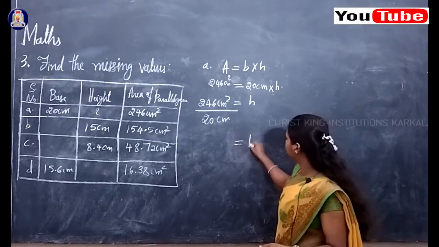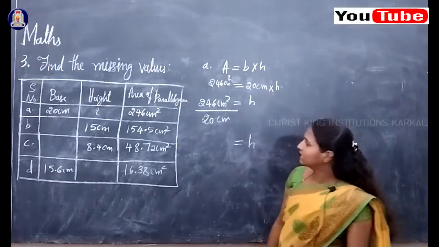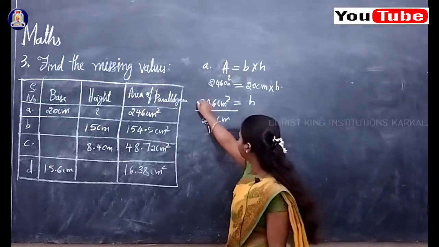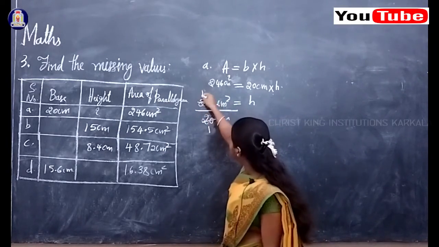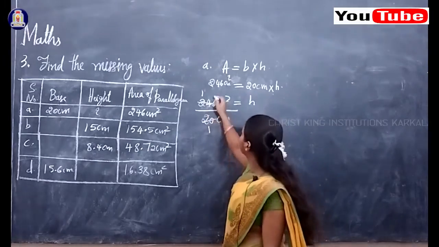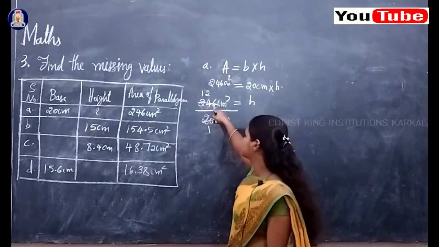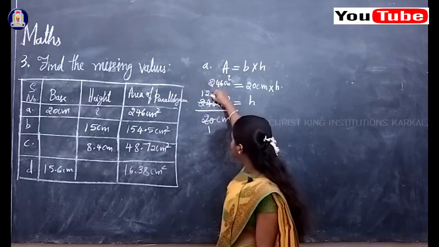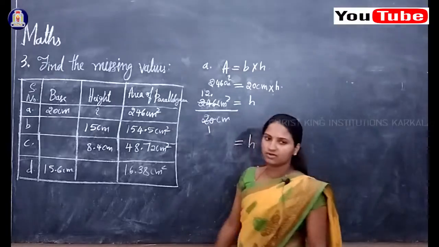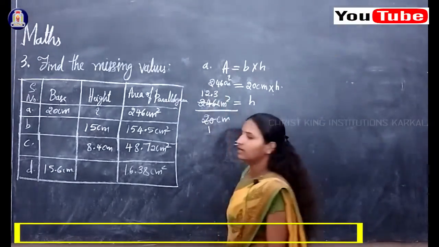Now we want to find h, so divide 246 by 20. 20 ones are 20, 4 remaining, bring down 6, 46. 20 twos are 40, 6 remaining. 20 will not divide 6, so you have to take a decimal point, and this will become 60. 20 threes are 60.